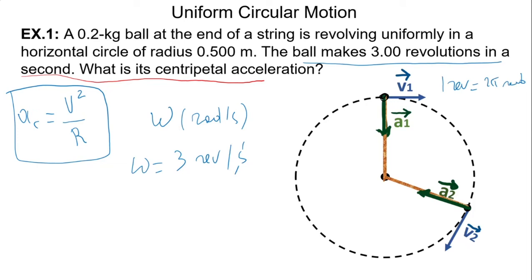So 1 revolution, or 1 rotation, or 360 degrees is the same thing, 2 pi radians. V is the linear speed, radius times the angular speed.